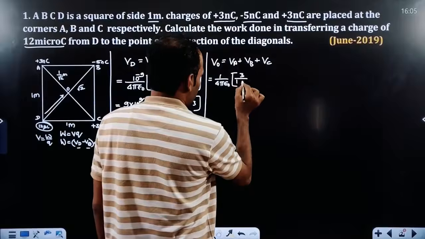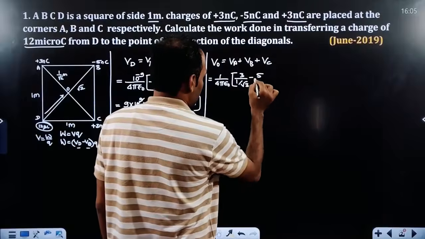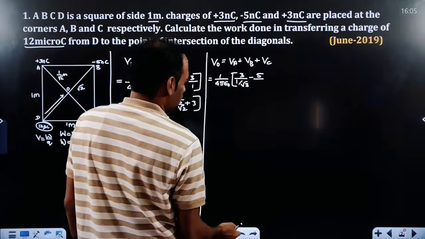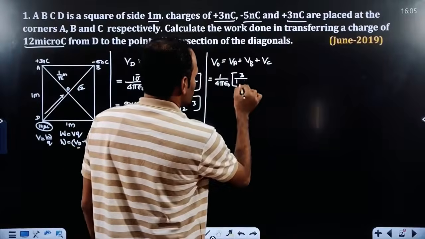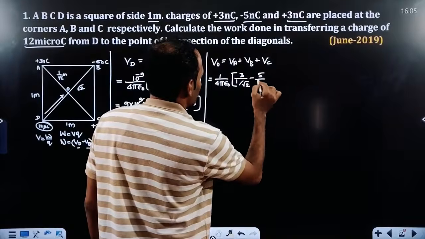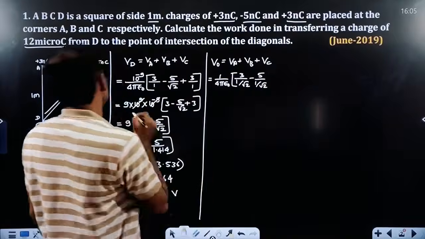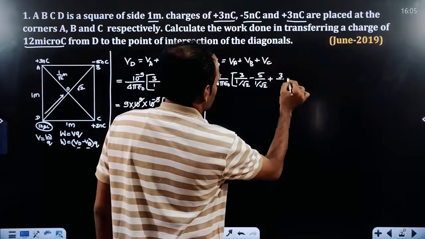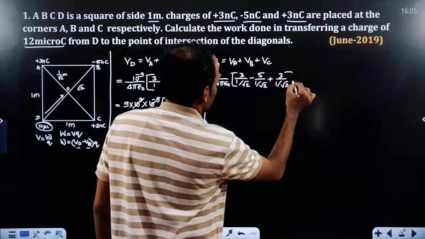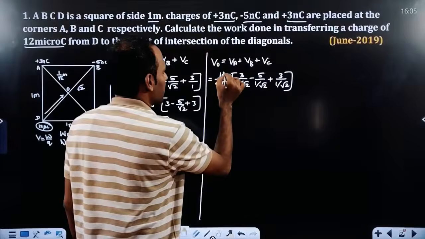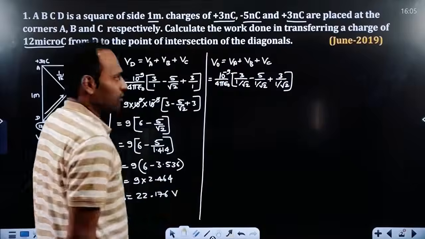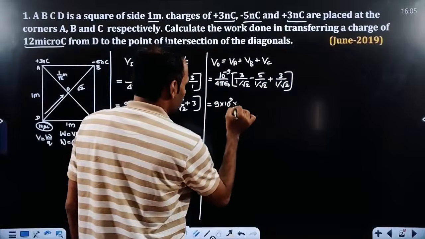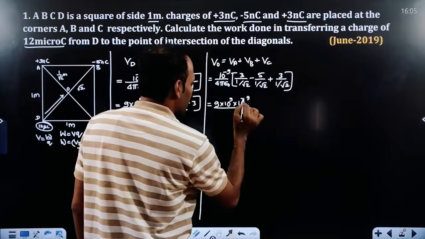So it will be 3 divided by 1 by root 2, minus 5 divided by 1 by root 2, plus 3 divided by 1 by root 2. We took minus 5 because it is a negative charge, correct. Next see, here in the numerator I will take 10 raised to minus 9 as common, the nano in all of them. Again I will get 9 into 10 raised to plus 9 into 10 raised to minus 9, divided by 1 by root 2.